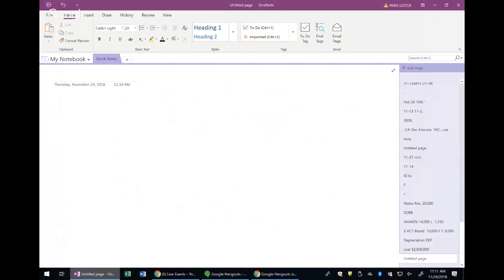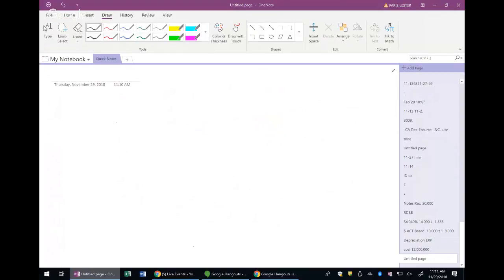Free cash flow is equal to net cash provided by operating activities. Cash from operating activities minus what? Capital expenditures and minus dividends.